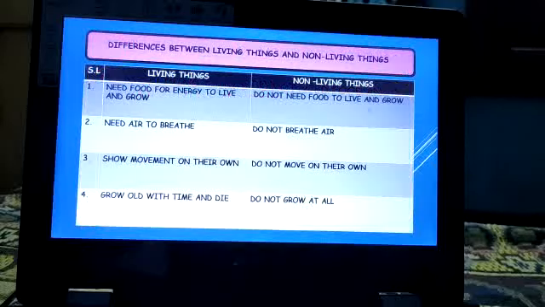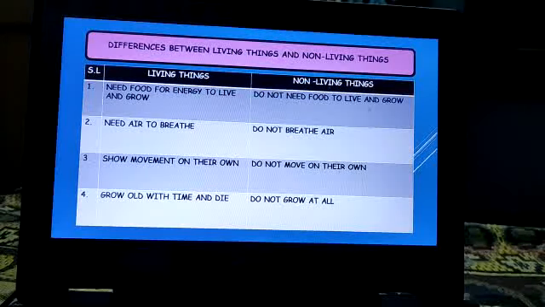Now let's move to the next slide. Here we will learn what the differences are between living things and non-living things. We have already learned about both of them, so let's take a look. Living things need food for energy to live and grow. We all need food, isn't it?